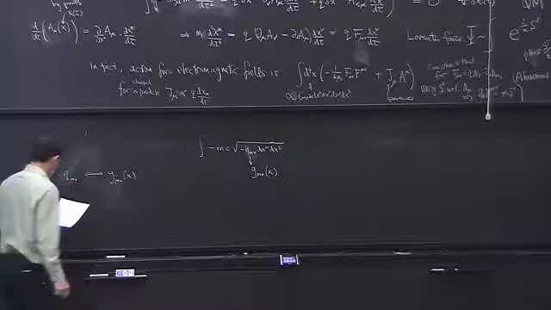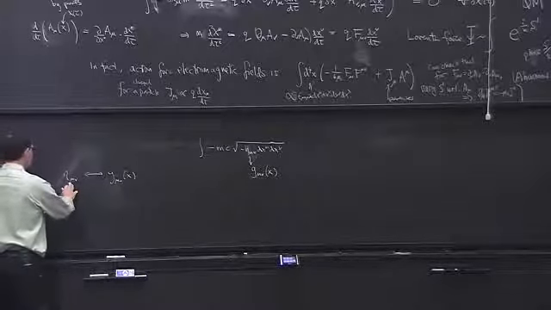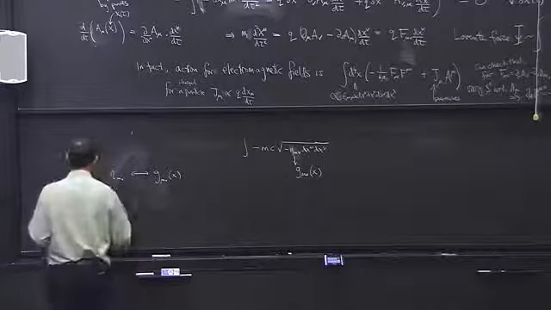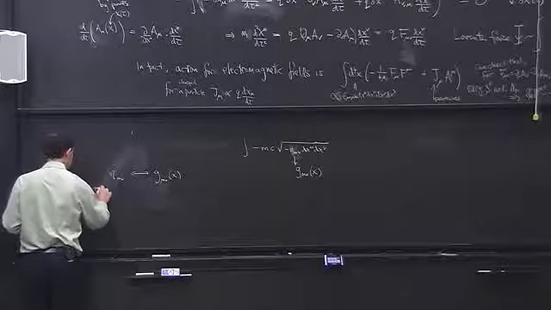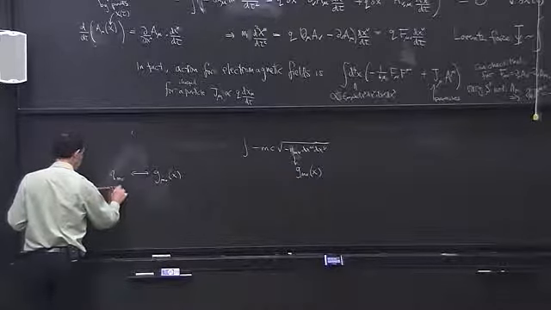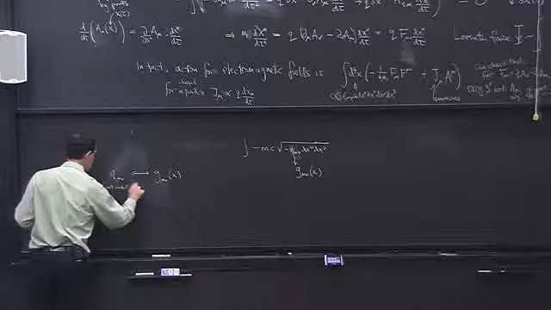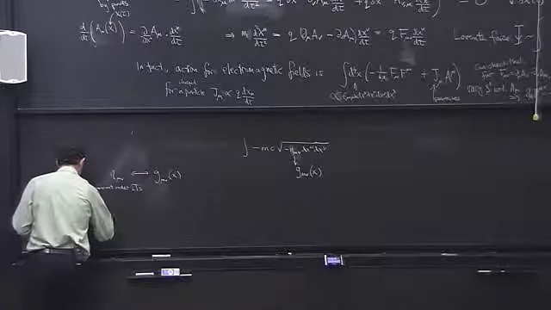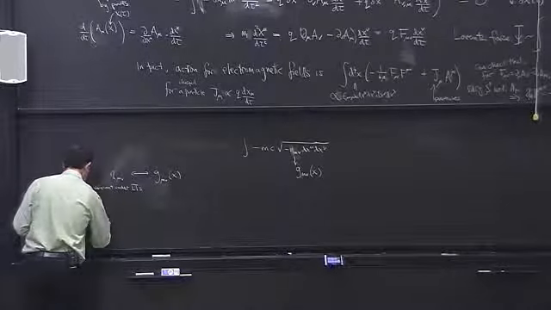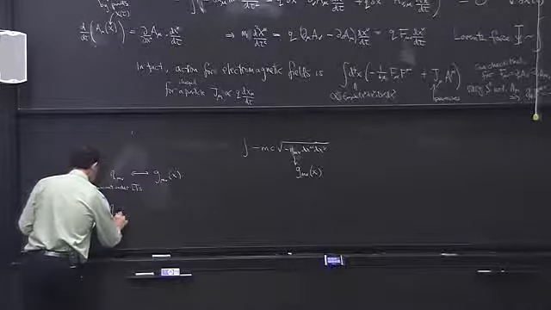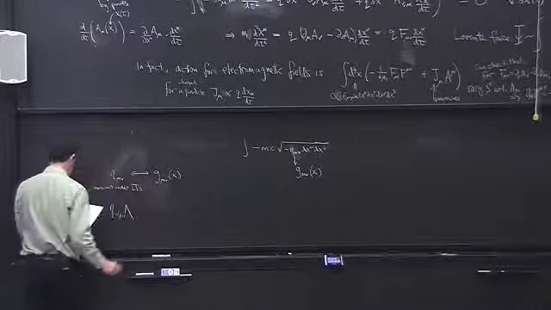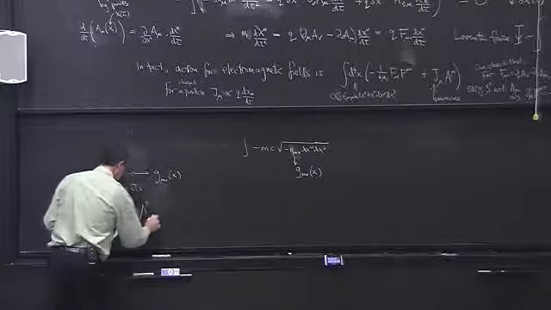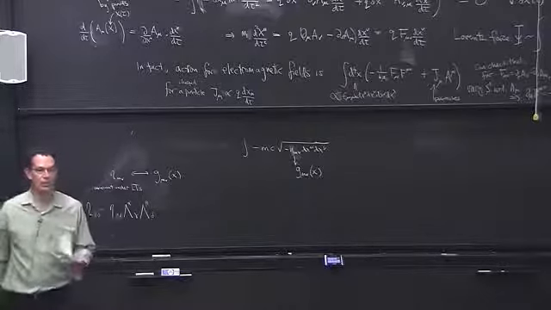Remember, this eta is intimately related to Lorentz transformations. It was invariant under Lorentz transformations, and what that means is that eta gamma delta is eta alpha beta lambda alpha gamma lambda beta delta, for example. We had this equation.